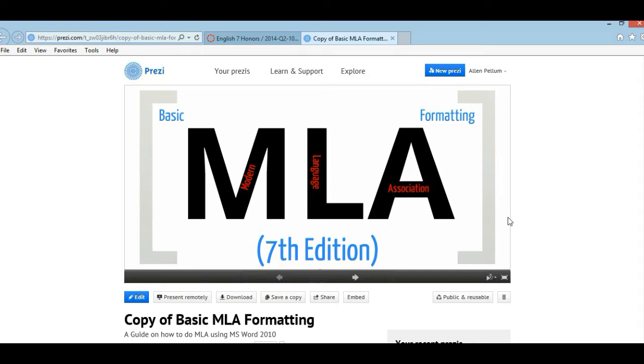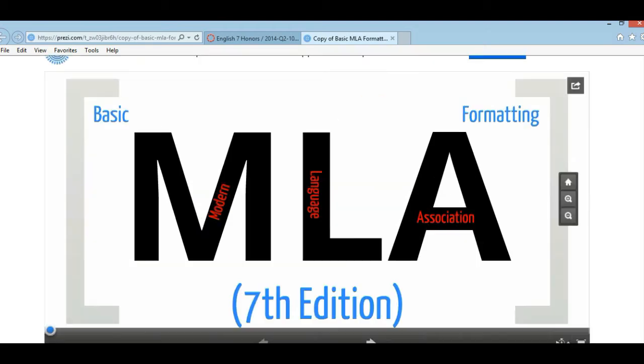Most English departments across our nation, whether in high school or in college, will use MLA. We're up to the 7th edition, and so for you to be able to write an English paper or essay in the future, both at Providence or abroad, you'll need to know Modern Language Association's standards for formatting.